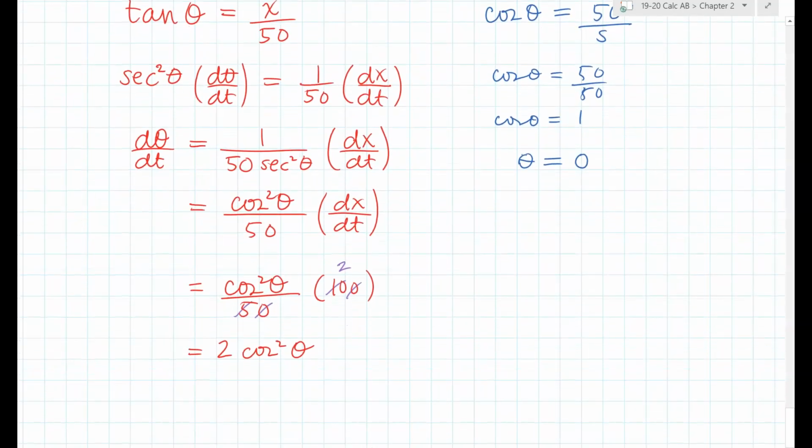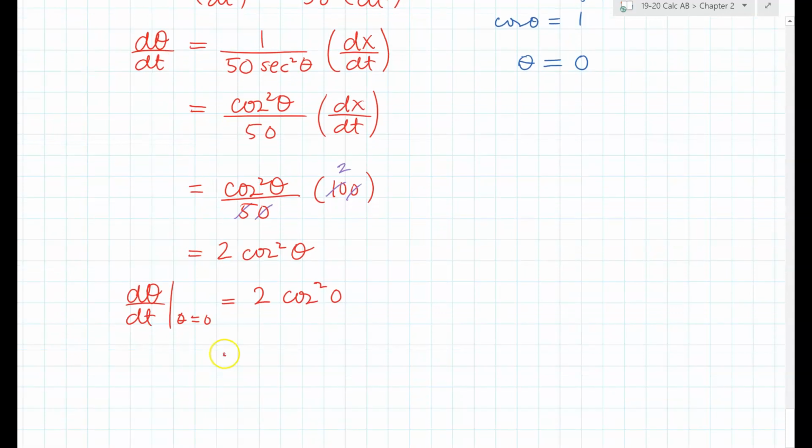So if that's the case, then let me plug that in. d theta/dt, when theta equals 0 radians, is 2 times cosine squared of 0, which is basically 2 times cosine of 0 squared, while cosine of 0 is 1.